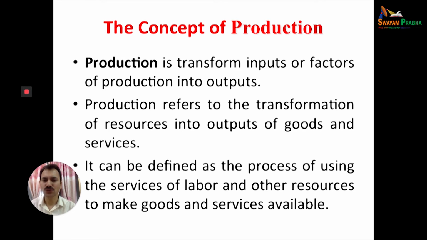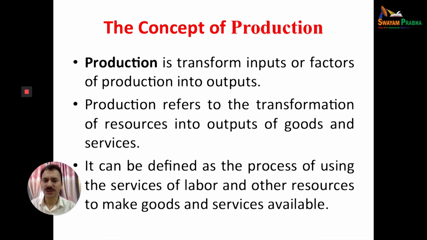The factors of production like land, labor, capital, and all other things which help the producer to carry out the production are called inputs. The factor of production which helps the producer to carry out the production is called input.